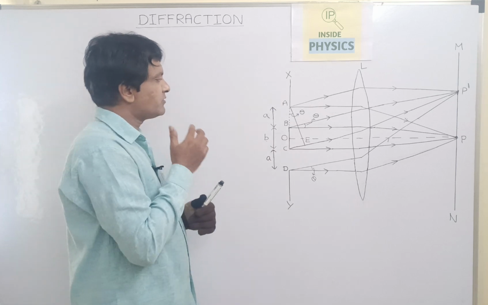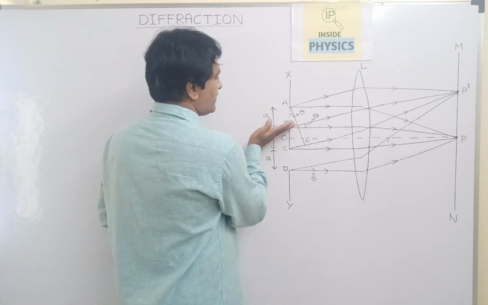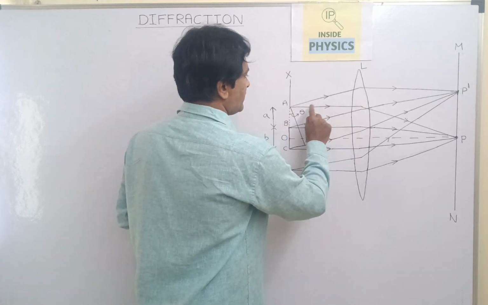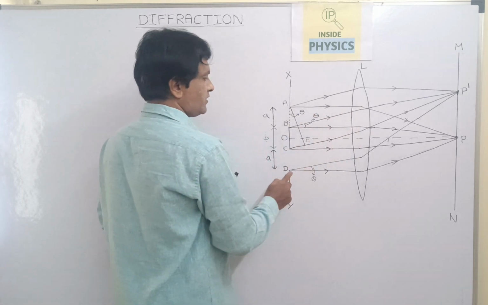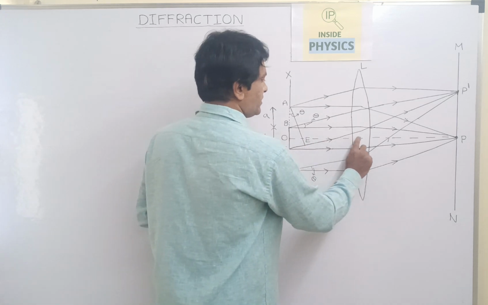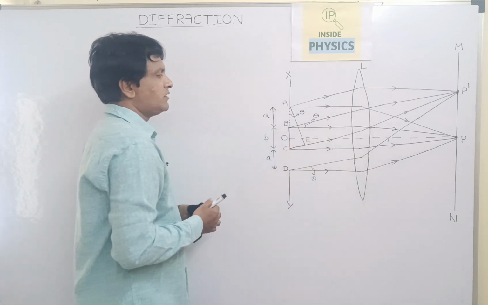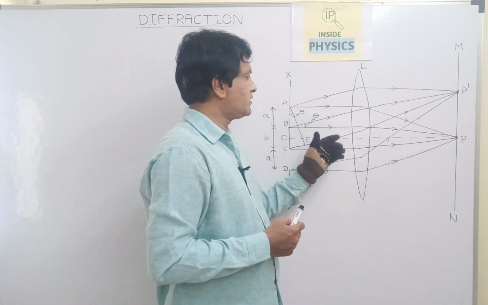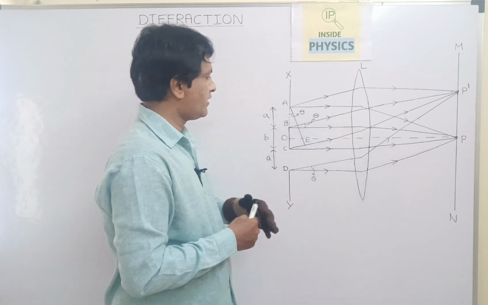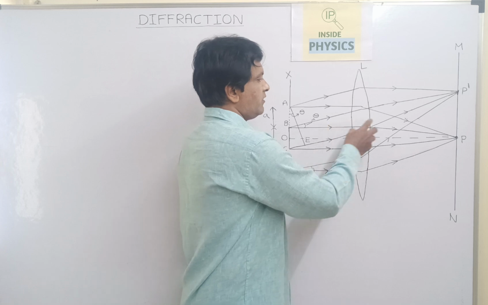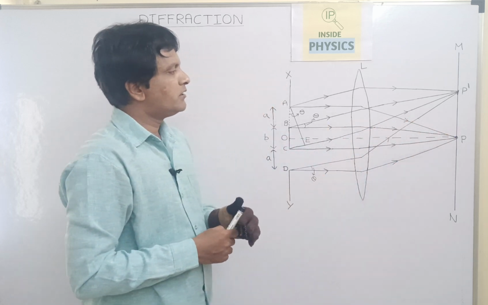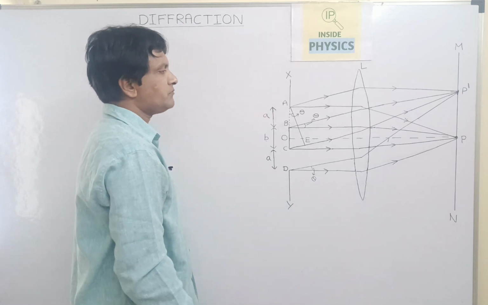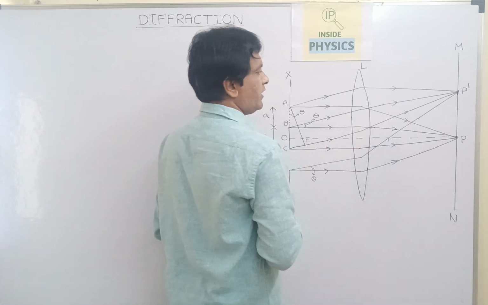When the incident light rays pass without any deviation, without any diffraction, they will be parallel to the principal axis of this lens. This is a converging, convex lens, and all paraxial rays parallel to the principal axis will converge at the point P, which is in the focal plane of this lens.